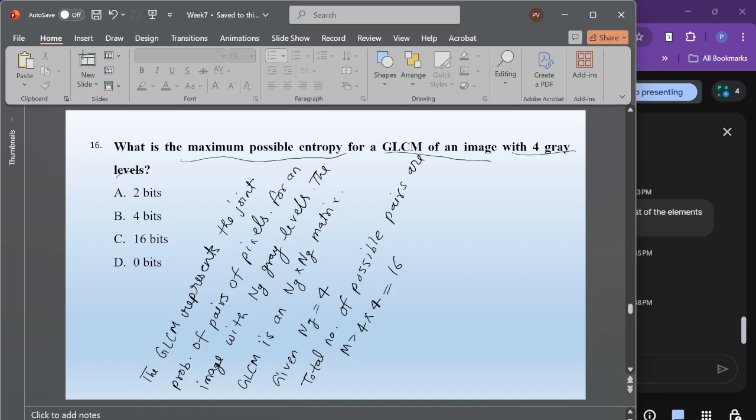Entropy, as we know, measures the uncertainty or randomness in any discrete probability distribution.